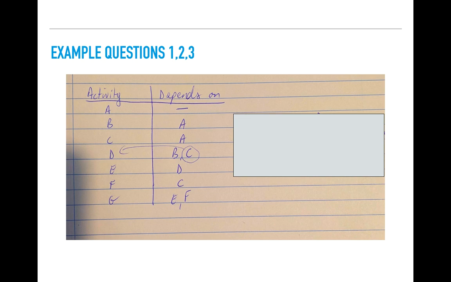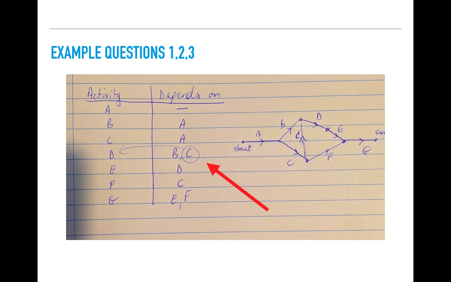And then once that's done, I'm going to draw a line, a dotted line, a dummy, from the end of C to the start of D. So we should get something that looks like that.